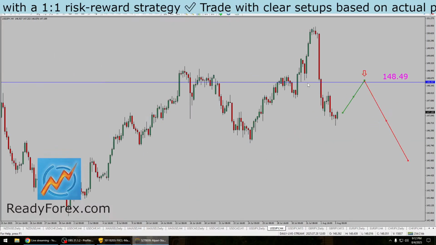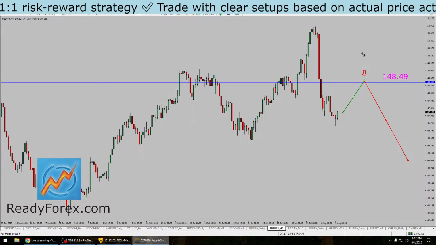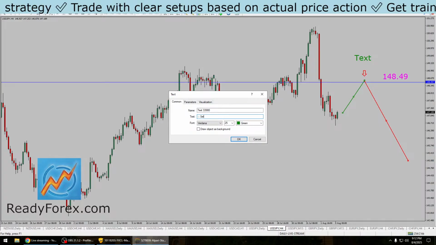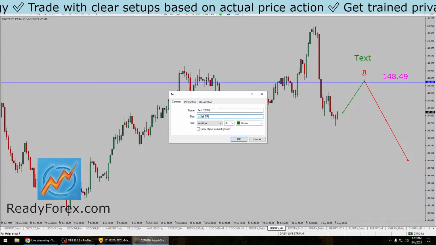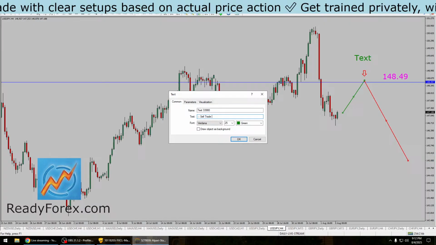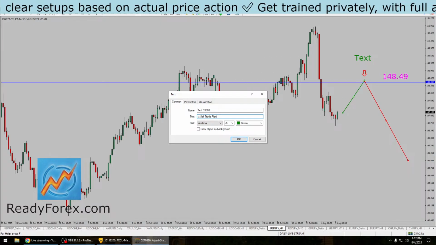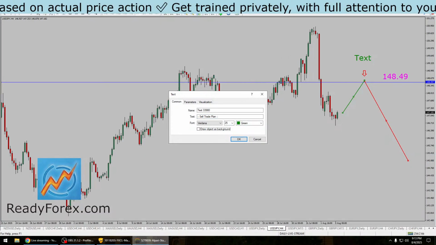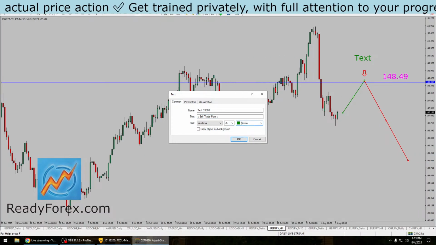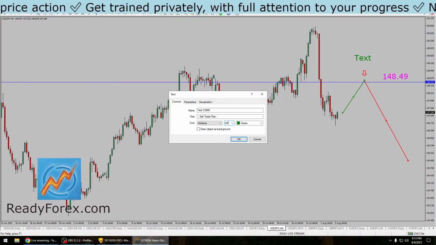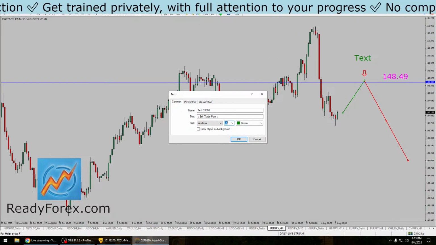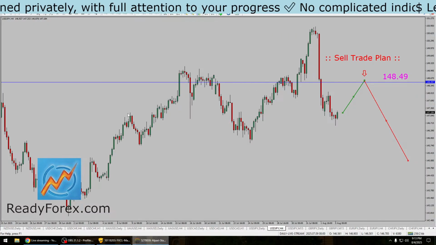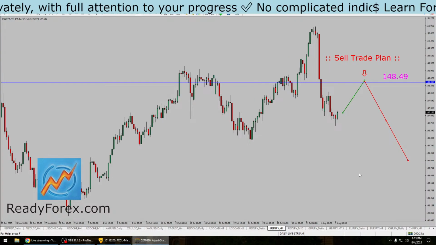Now if you check out the 4-hour time frame, I actually have a sell trade plan over here. Let me try to put it down up here. So I hope this is clear.